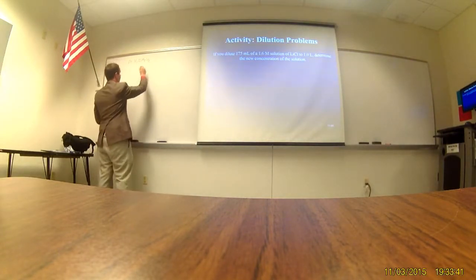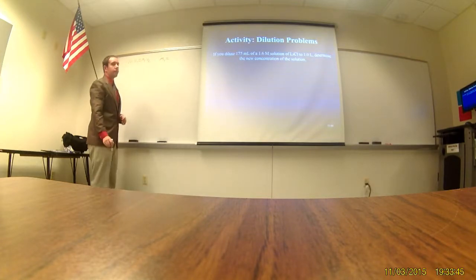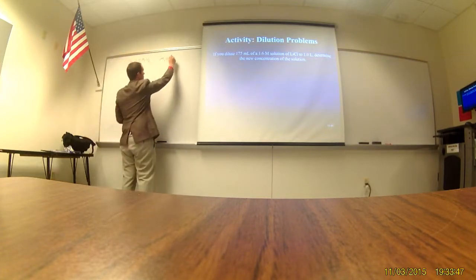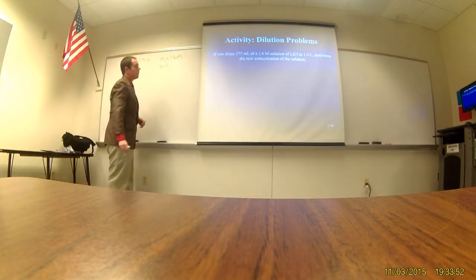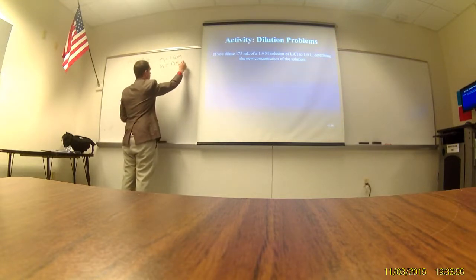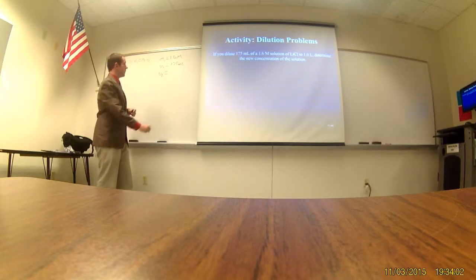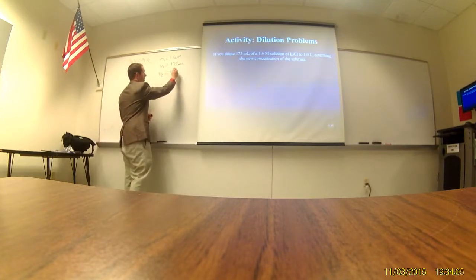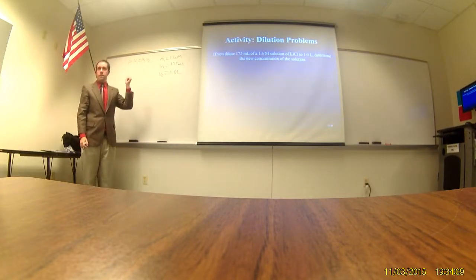So that means we have to have M1. What is M1? 1.6 molar. We have to have V1. What is V1? 175 milliliters. And we have to have V2. What is V2? 1.0 liters. So I just plug them in.